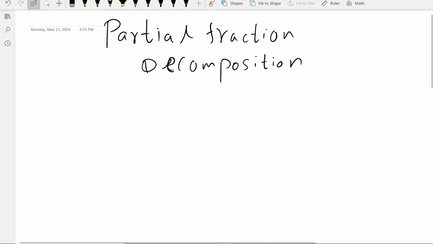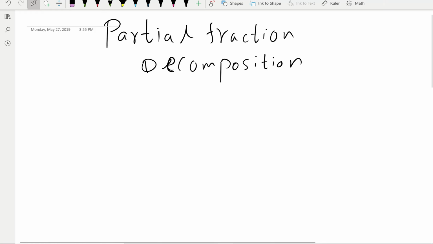Hello everyone, welcome. In this video series I'm going to teach integration by partial fraction decomposition. But actually it's a very big topic, okay? So what I'm going to do is first focus on just partial fraction decomposition, because it is a very important topic, not only in integration but it shows up in many areas of mathematics.